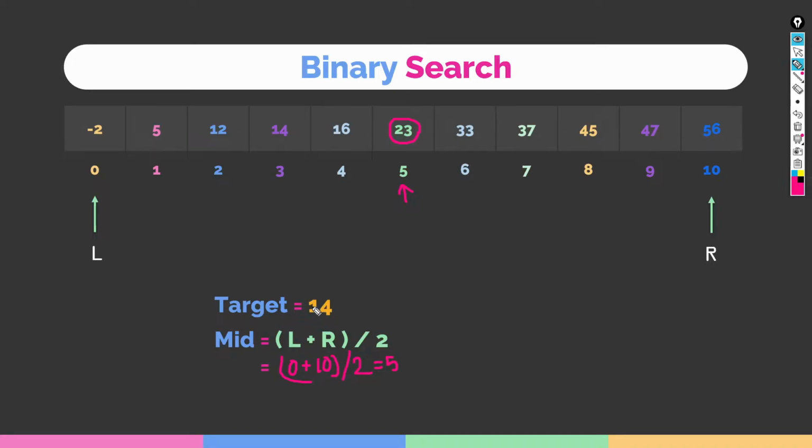So we can easily say that the target needs to be in this part, right? We can discard this whole thing and only consider this part. So basically our right needs to be here. So let's do that.